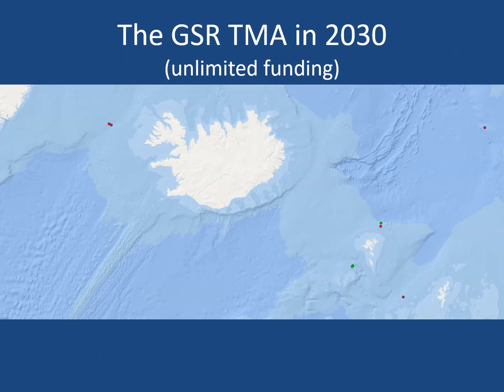I was also asked to say a few words about how the TMAs would look like in 2030. And here again, I use the Greenland-Scotland Ridge as an example. First of all, I would hope that they are all active, the transport mooring arrays that are on JCOMMOPS, not only the Greenland-Scotland Ridge, but also all other platforms.